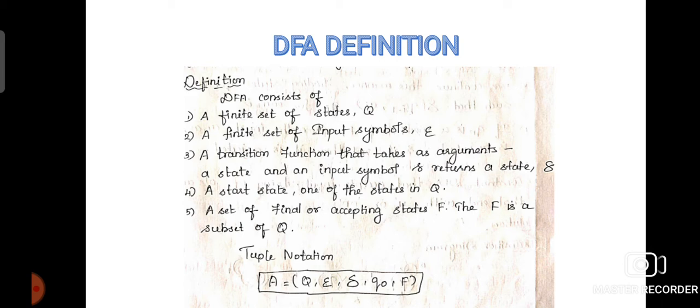The transition function represents how a system changes from one state to another state. The arguments of the state transition function are a state and an input symbol, and it returns a new state. Q0 is the starting state, which is one among Q, and capital letter F is the set of final states.